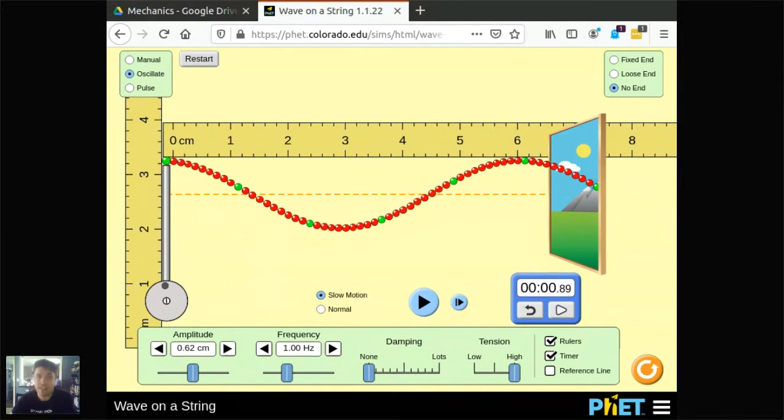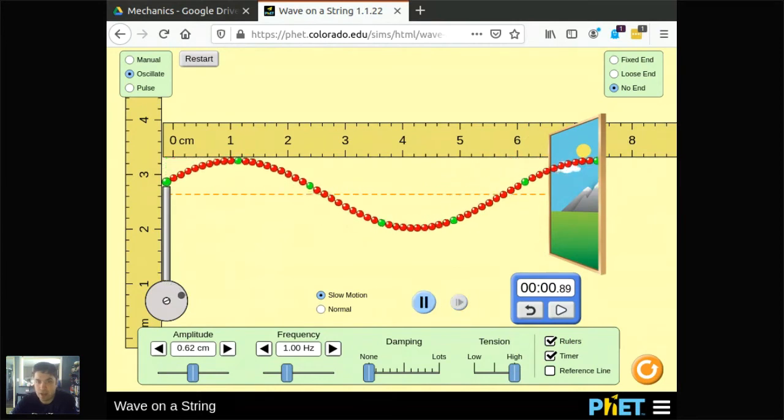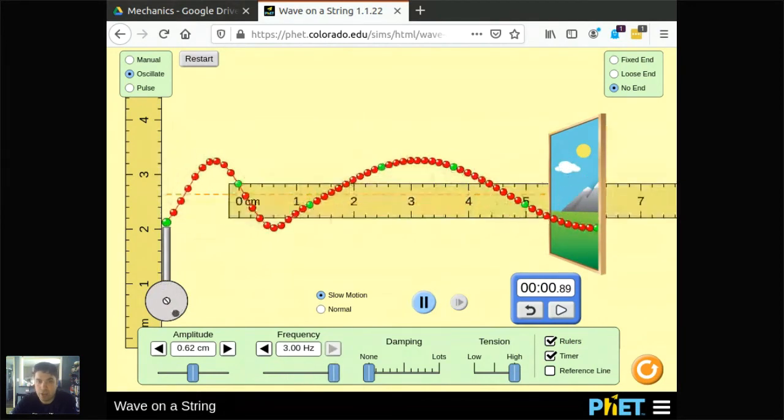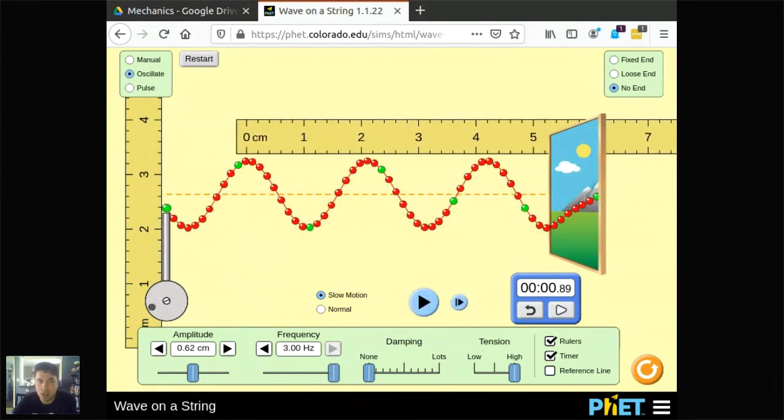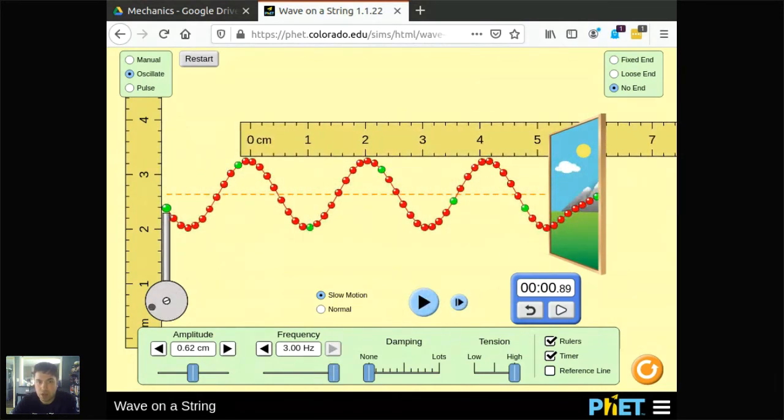In this case, this wave looks like it's 6 centimeters per second, 6 times 1. And if I crank the frequency up to 3 again, we should get a distance of about 2 centimeters. And there we go. 3 hertz times 2 centimeters is also 6 centimeters per second. So the product of those things gives us the velocity, and changing the frequency doesn't change the velocity of the wave.